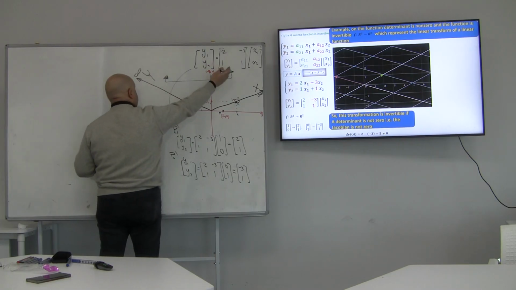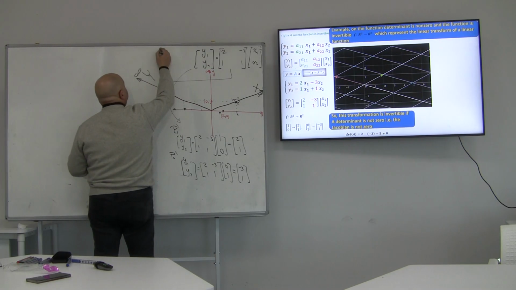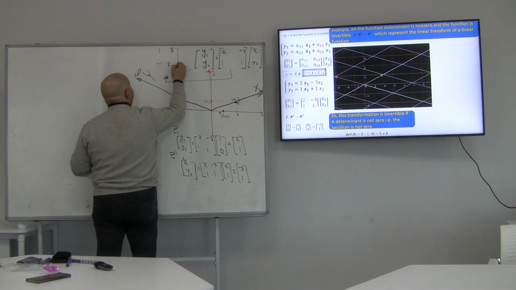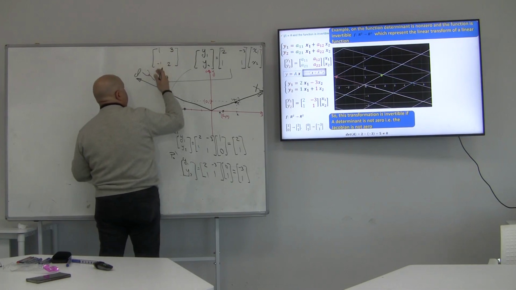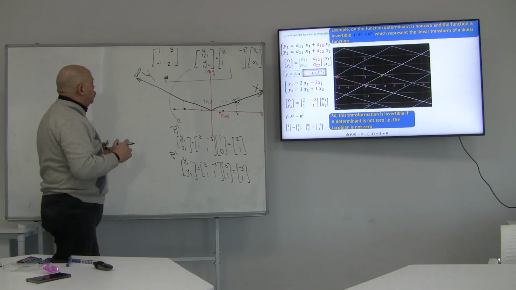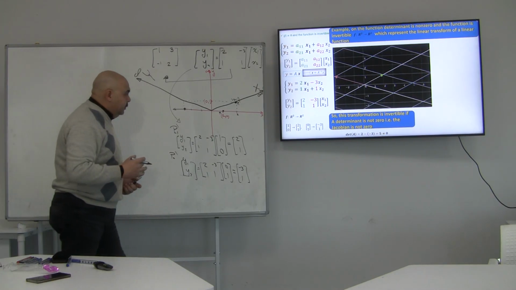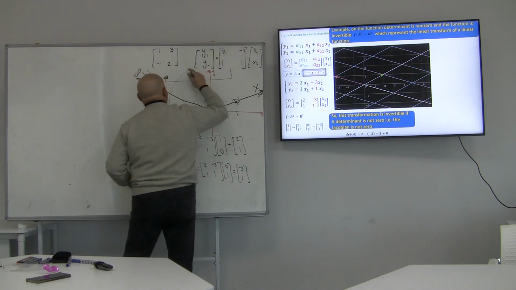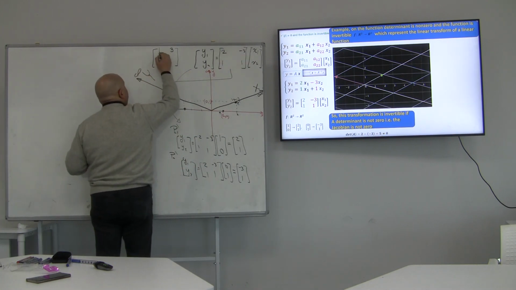So all I have to do, it's a 2 by 2 matrix. So I'm going to make it 1, 2, and this is 3 and negative 1. And for all the elements, this is the adjoint matrix. All I have to do is divide by the value of the determinant, which is 5. As you can see, this is 2 plus 3. So the inverse is going to be 1 over 5, negative 1 over 5, 3 over 5, 2 over 5.